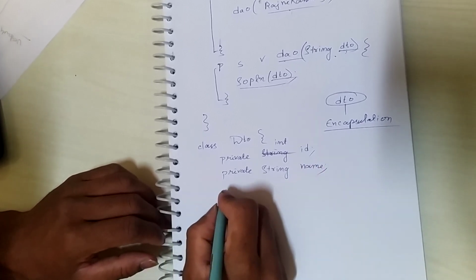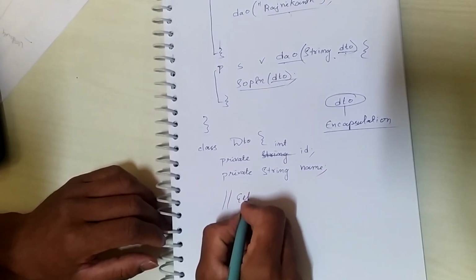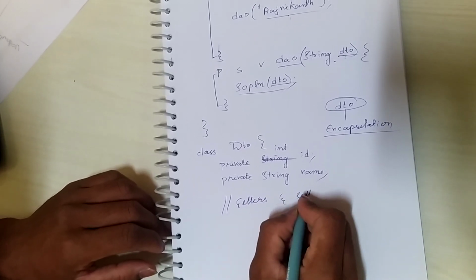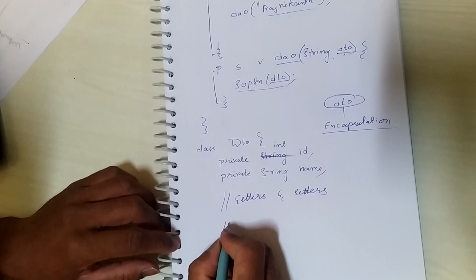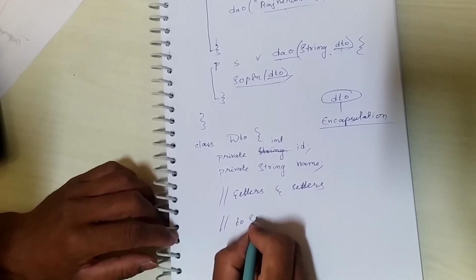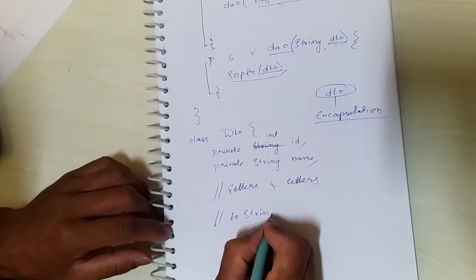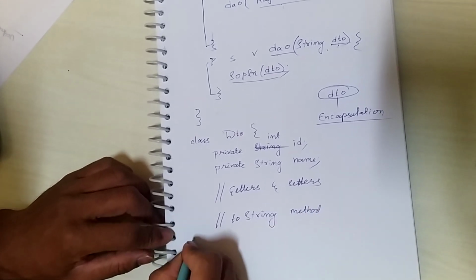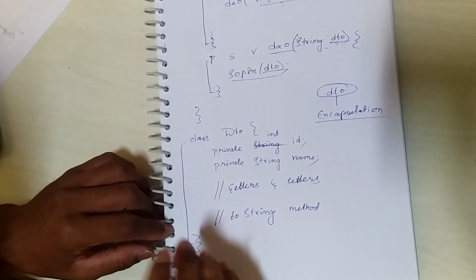Then I will generate getters and setters, along with the toString method. This is how we design the DTO layer.